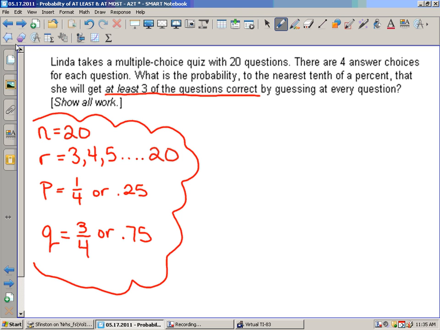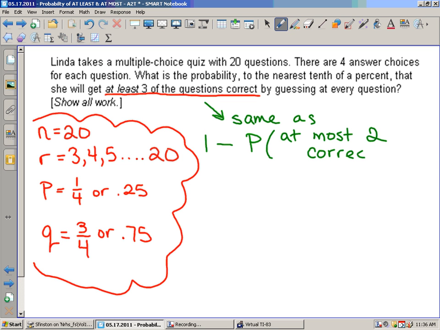So I'm going to draw it out. What she's trying to tell you is this, that this is the same as 1 minus the probability at most 2 correct. Exactly. Now what am I talking about?